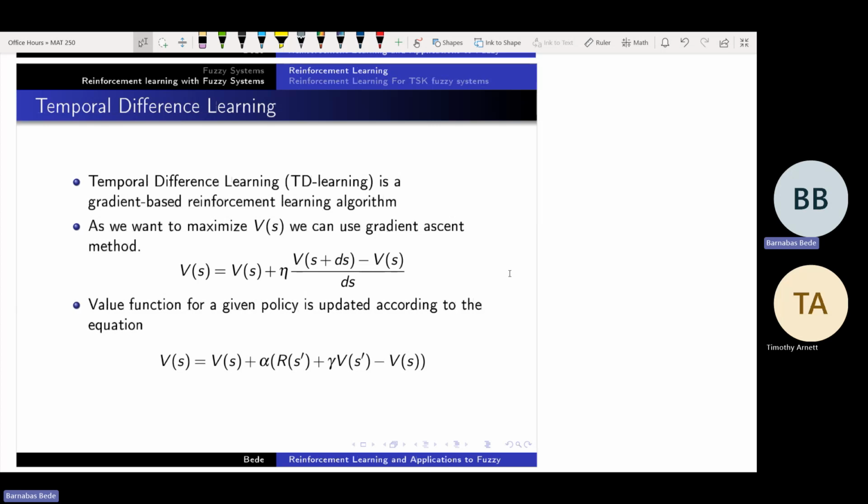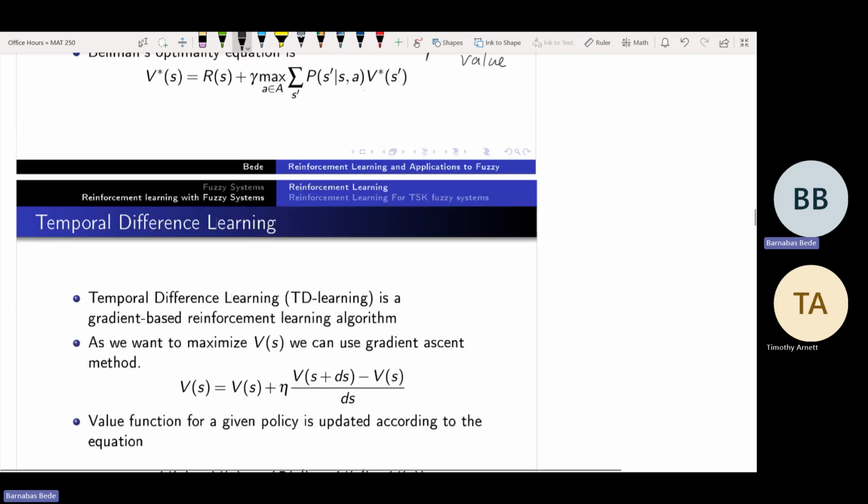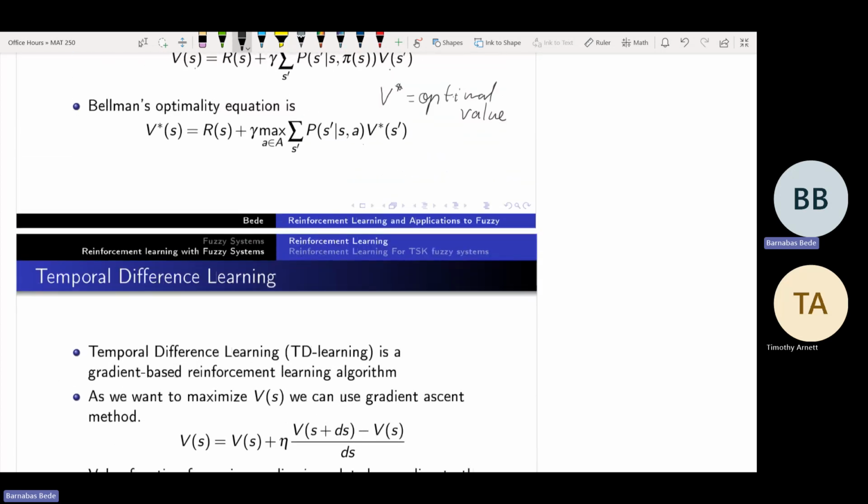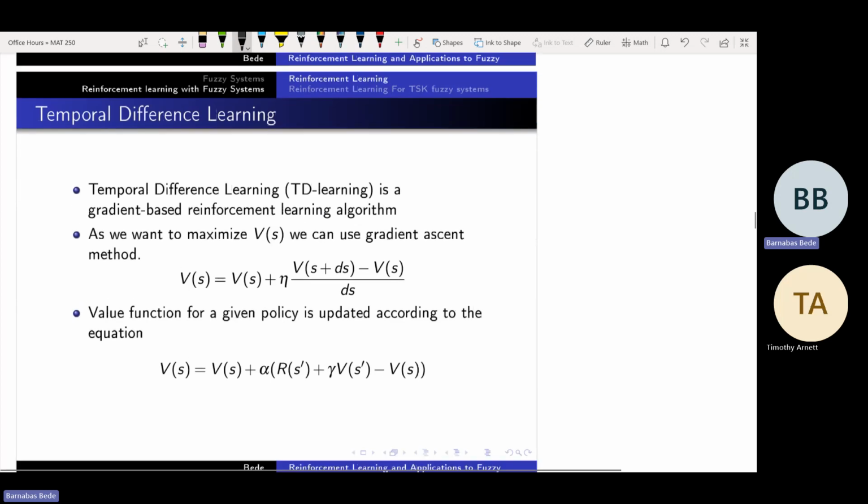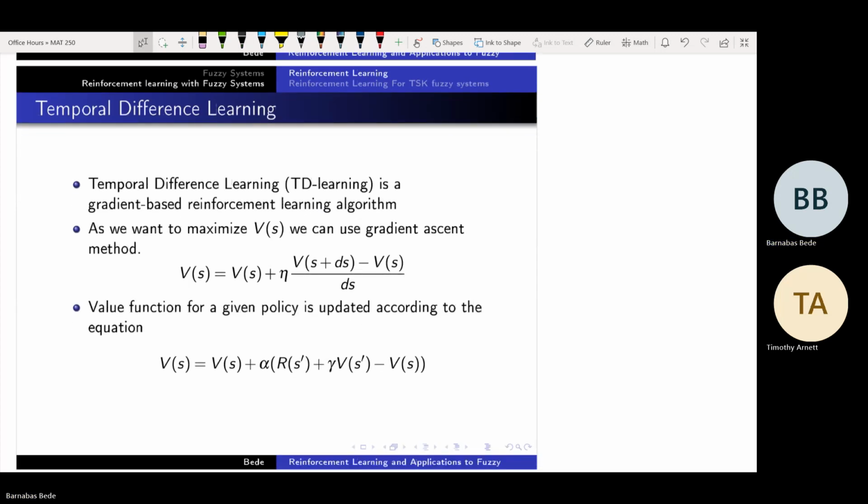So TD, temporal difference learning, is a gradient-based reinforcement learning method. So what do we want? Basically, we want to maximize V(S) because V(S) is the optimal value. So what do we do? This is a maximization problem, and we saw that the gradient is in the direction of going towards the maximum value.